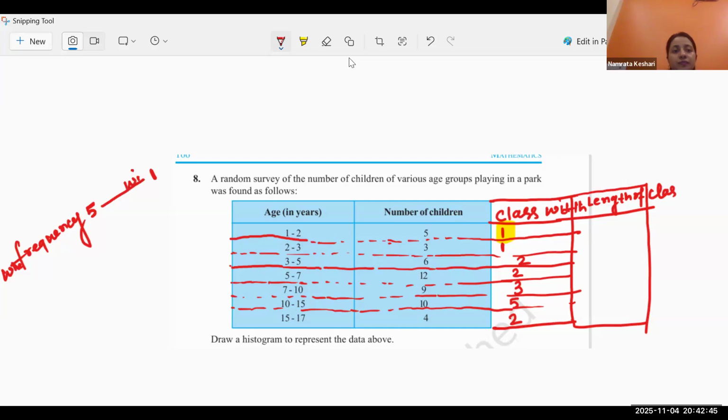Yes. For the first class interval, frequency 5 and class width 1, and all of them we are going to maintain as 1 only.